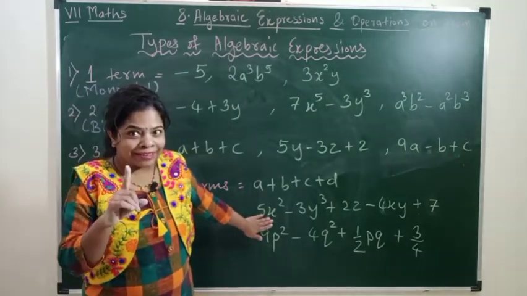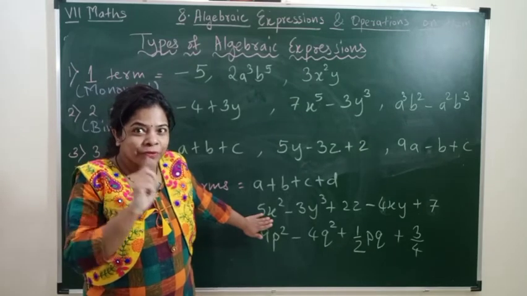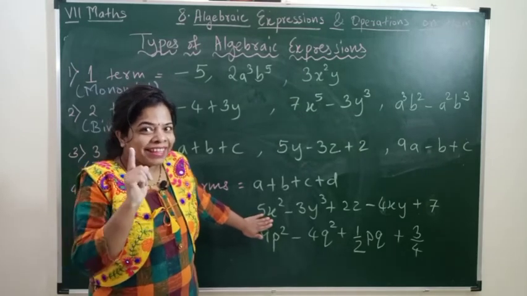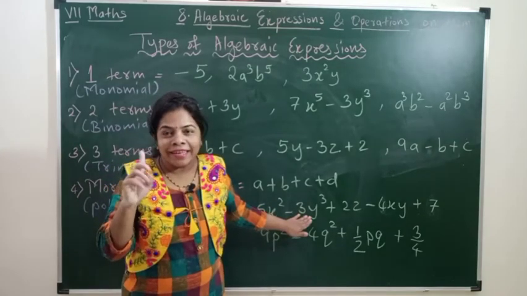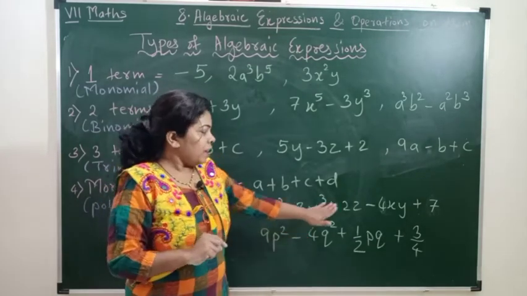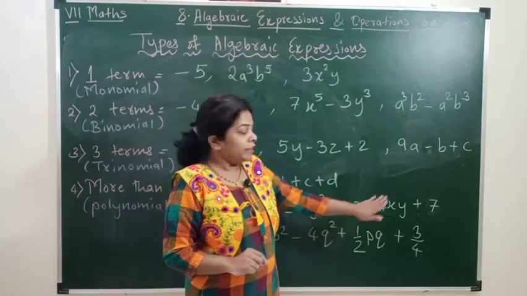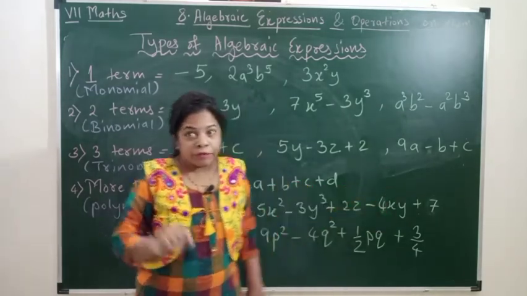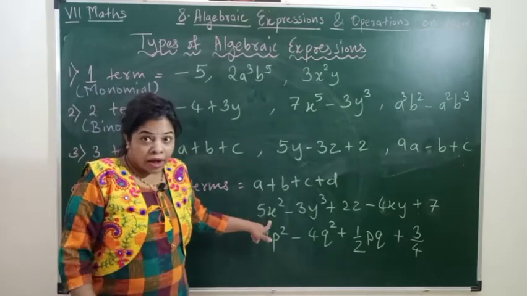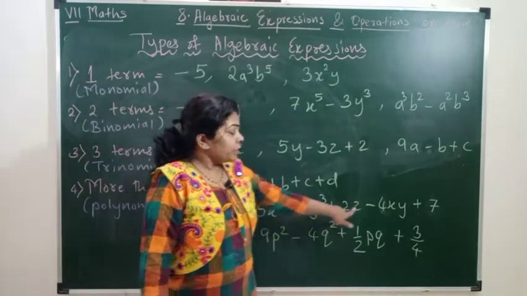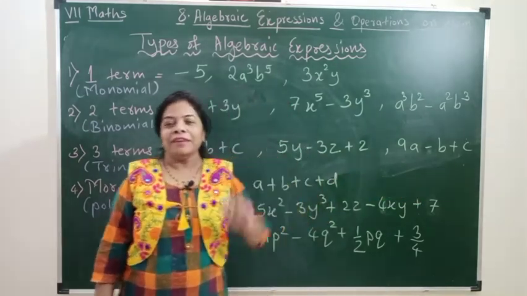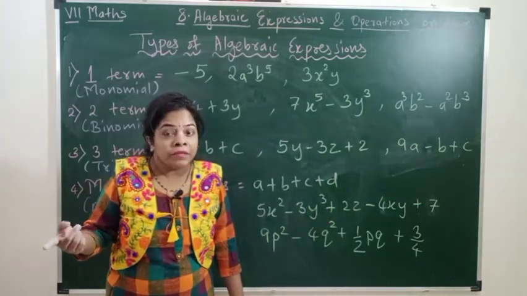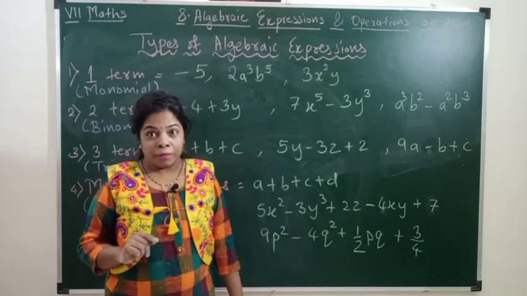For 2, we read square. Next one, 3y cube. For 3, we are reading cube. Plus 2z minus 4xy plus 7. 5 terms are there. 1, 2, 3, 4 and 5. More than 3 terms. So it is a polynomial.